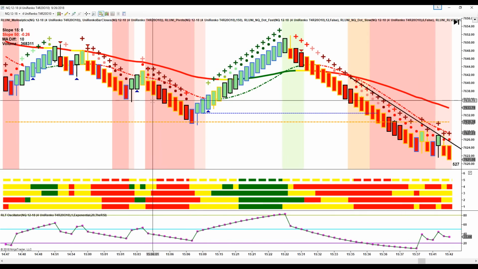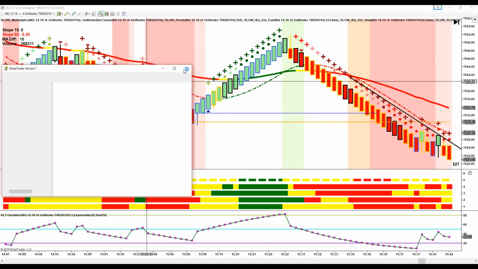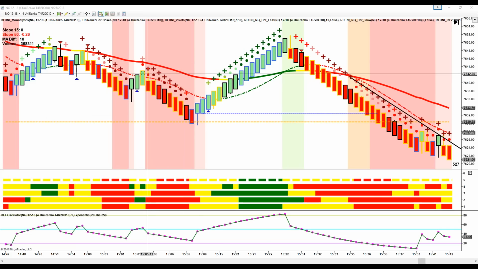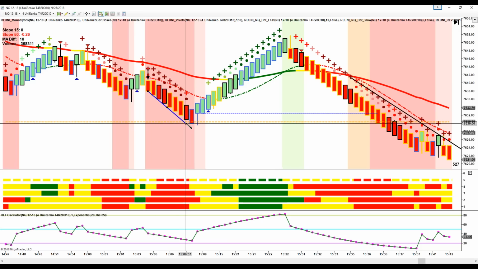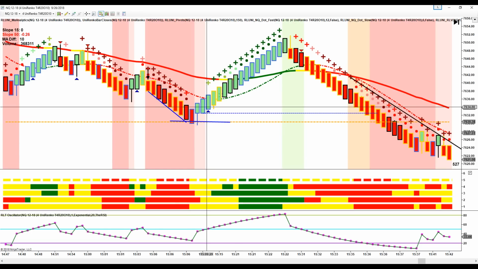Right here on this entry, this is a perfect entry. Short. Because you're trading in the direction of your two higher time frames. And you know exactly where to exit the trade, right at the VWAP. Price hits it and bounces.